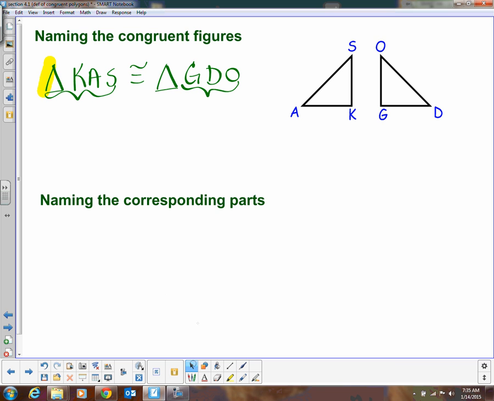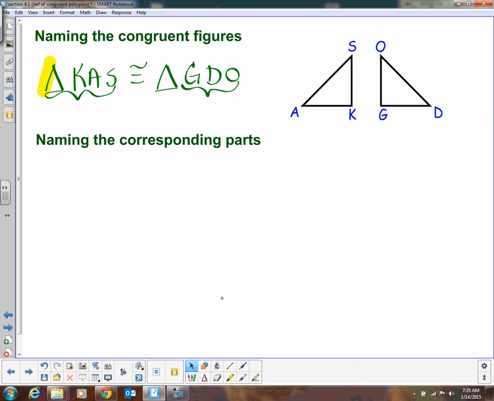Now, they're going to ask you to name the corresponding parts. So how many angles are there in this picture? How many angles are there in the triangle? 3. So you should have 3 angle congruent statements.